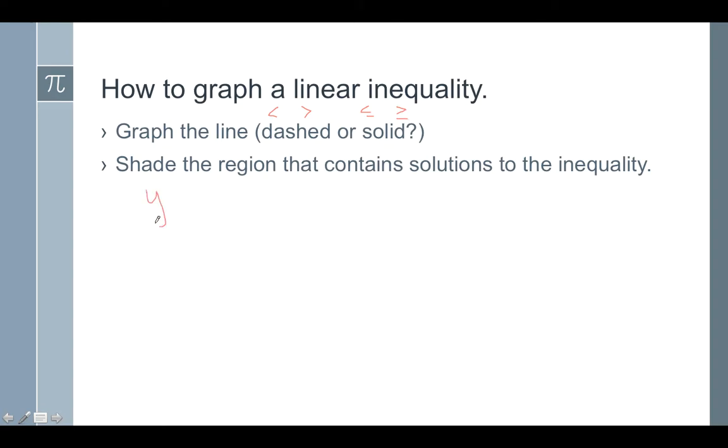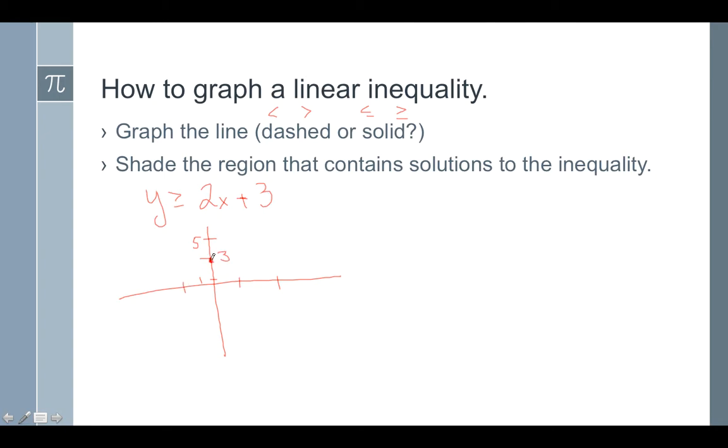Let's think about y is greater than or equal to 2x plus 3. If we were to sketch this graph, sketch as an upper division math student does, not like an Algebra 1 student, we know that the y-intercept is 3, and we have a slope of 2. So if we go up to 5 and down to 1, something along this line will happen.